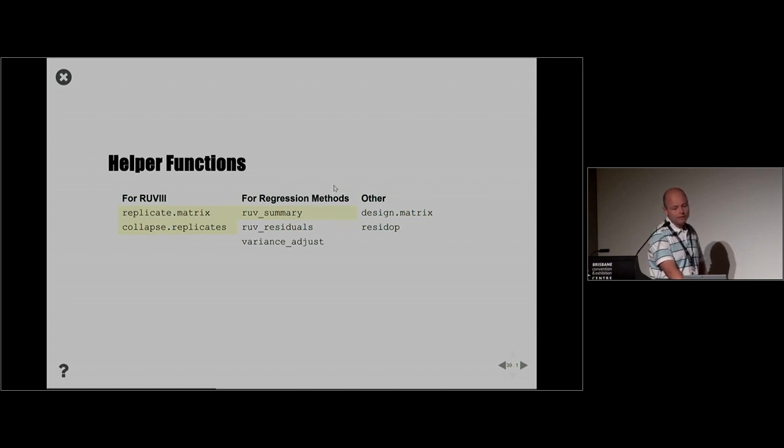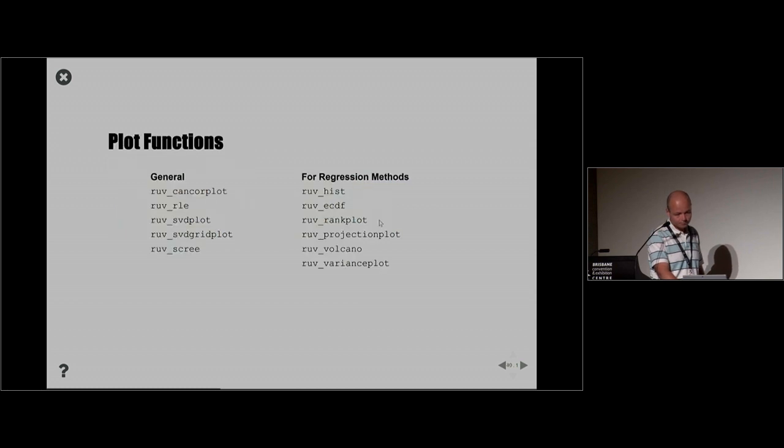For the regression methods, there's a function that summarizes the outputs of the RUV2, RUV4, RUVinv, and RUVrinv methods. So this is a very common and useful function. And then there's these 4 other functions which you probably won't use too often but might use occasionally, so I have them listed there. I won't talk about them today. There are a bunch of plot functions.